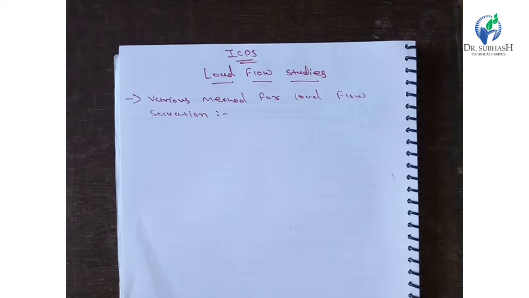The methods are the Gauss-Seidel method, Newton-Raphson method, decoupled load flow method and fast decoupled load flow method, which are very important and used in the solution of load flow studies.